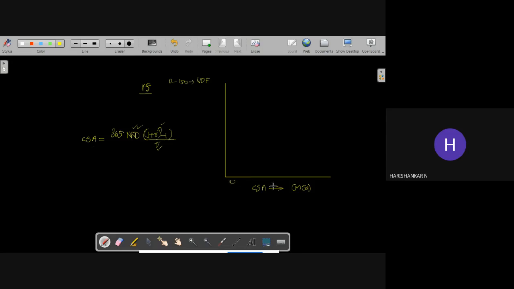You will have two graphs. In one graph you will have values ranging from 0 to 10, and in the other graph values ranging from 10 to 150. From the graph you can find out the corresponding thickness, the total thickness. You have found out the total thickness as how much? 660.